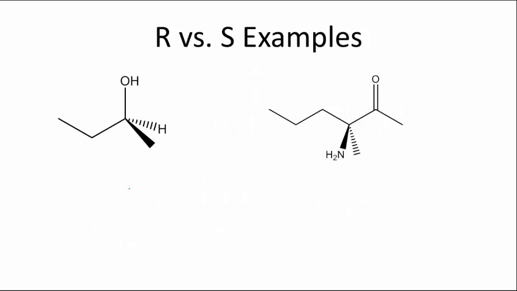But let's practice. All right. So the two molecules I have drawn on this page, each one has one asymmetric carbon. When you just glance at a molecule, what's the quickest way to tell when there is probably an asymmetric carbon?